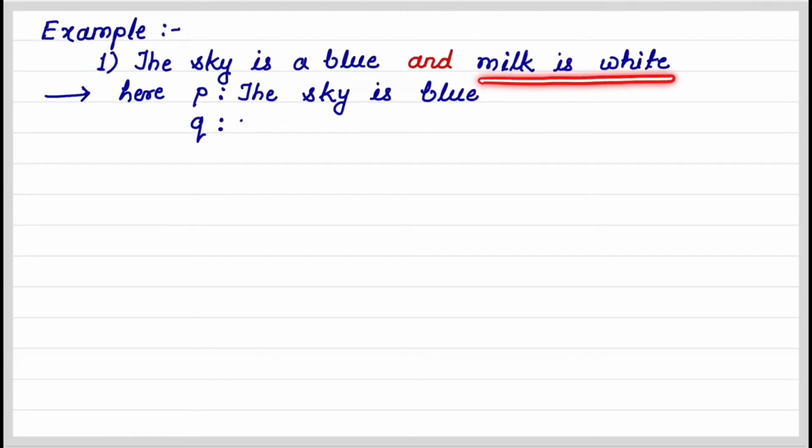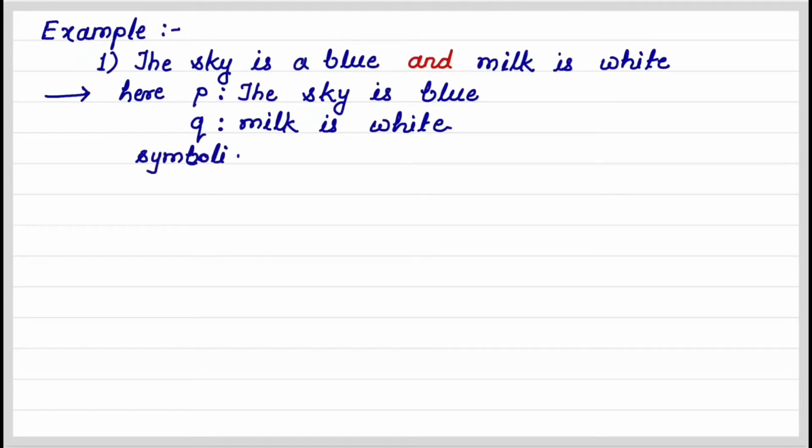The symbolic form of this statement is P and Q. Negation of (P and Q) is equivalent to, as we have just seen, negation of P or negation of Q.